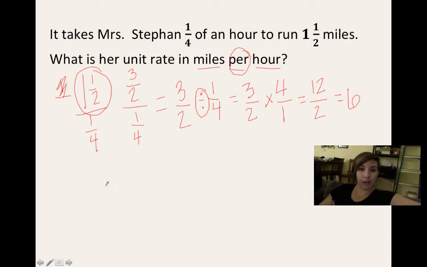So if Mrs. Stephan runs 1.5 miles in 1/4 of an hour, in 1 hour, she runs 6 miles. And you can write 6 miles per hour is how fast she runs.